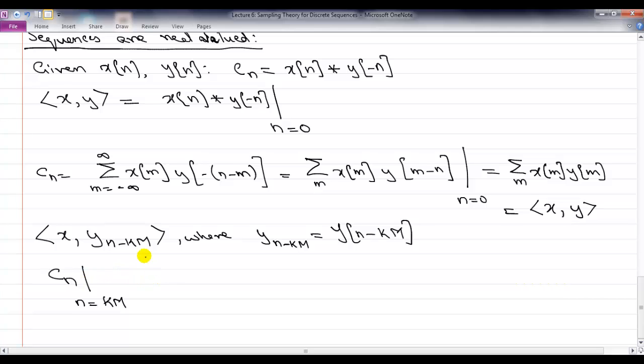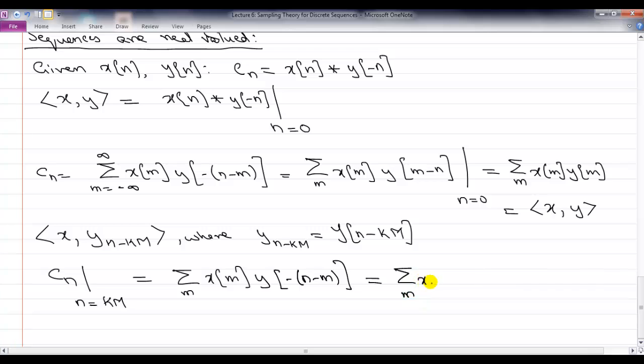So let's look at c[n] again. Just looking from above, the sum over m of x[m] y[-(n-m)]. I'm now going to just change the order: the sum over m of x[m] y[m-n].